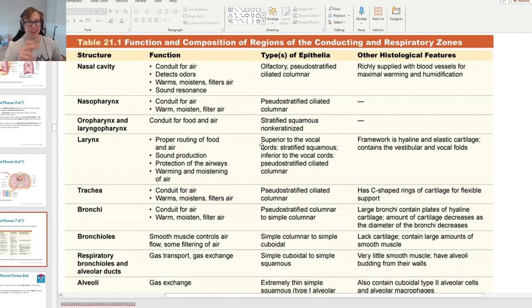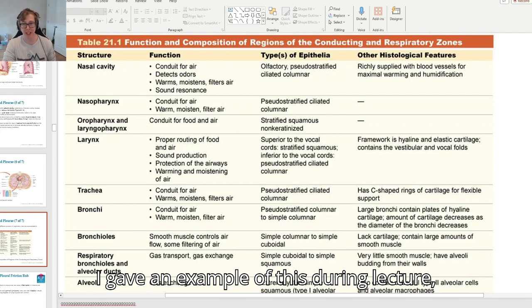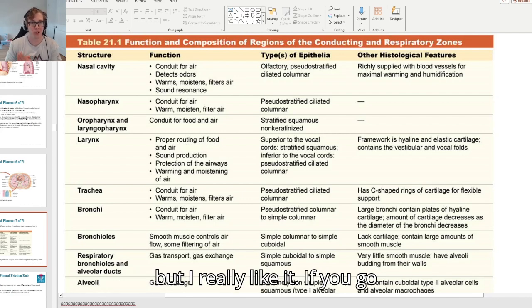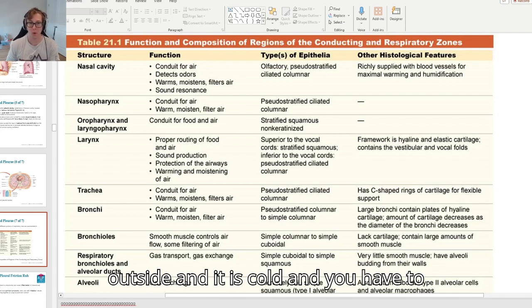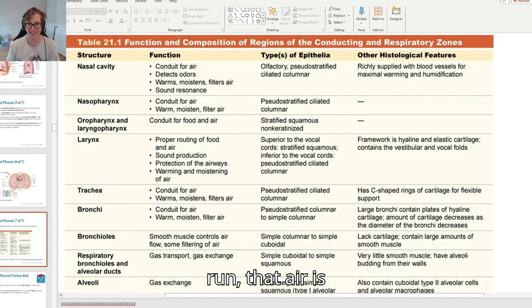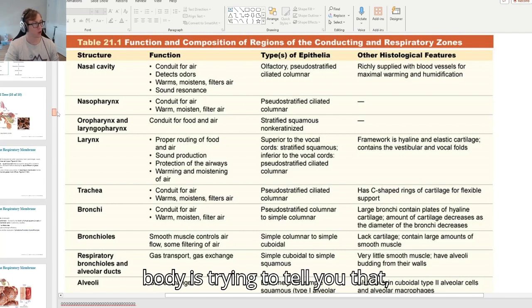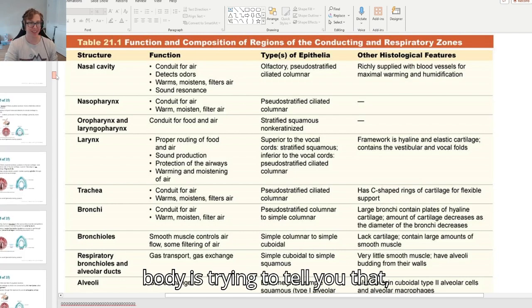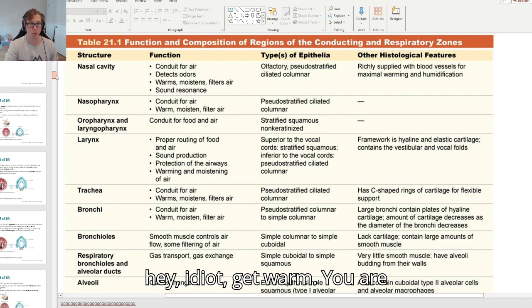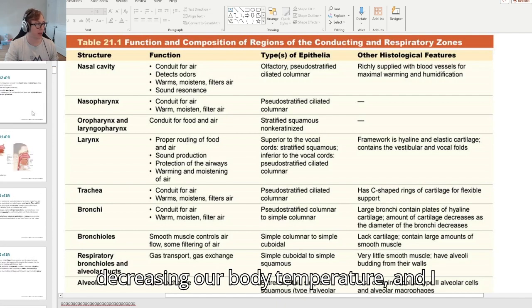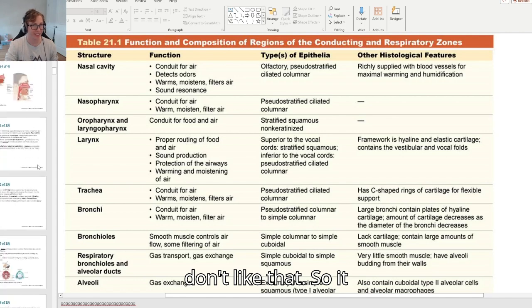Now, I gave an example of this during lecture, but I really like it. If you go outside and it is cold and you have to run, that air is painful. Why? Well, your body is trying to tell you that, hey, get warm. You are decreasing our body temperature, and I don't like that.